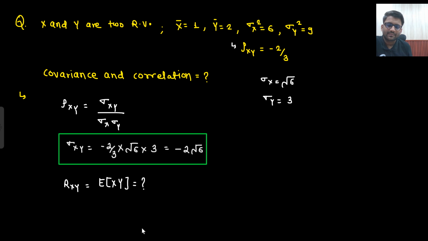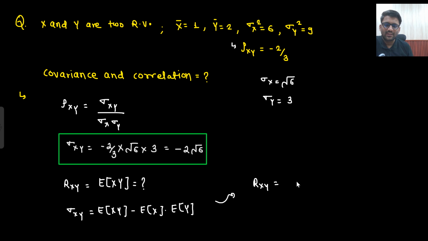If I know sigma xy, that equals rxy minus mu x mu y. If you don't remember this expression, you remember the expression E of xy minus E of x into E of y. So from here, what is rxy coming out to be?